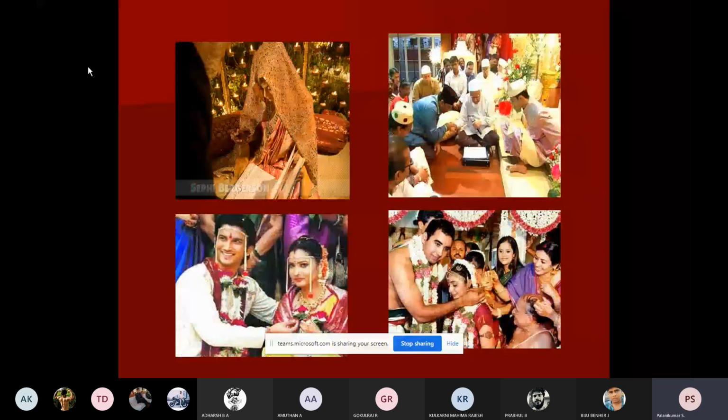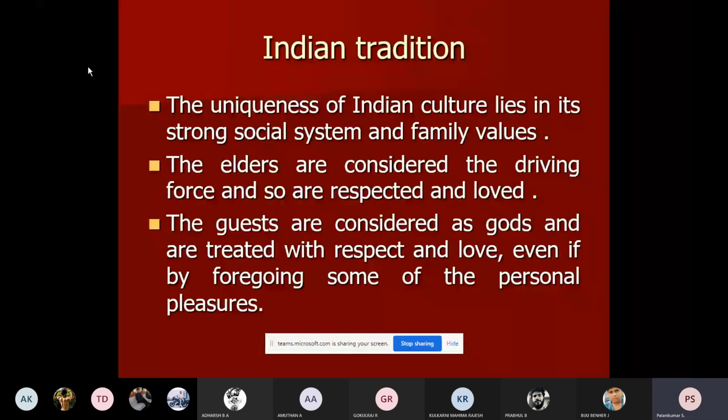If you see Indian tradition, what is its uniqueness? A strong social system and family values. Even though language, culture, behavior, literature, food habits, etc. change, the one thing that makes us common and unique is that we are strong believers in the social system and in family values.